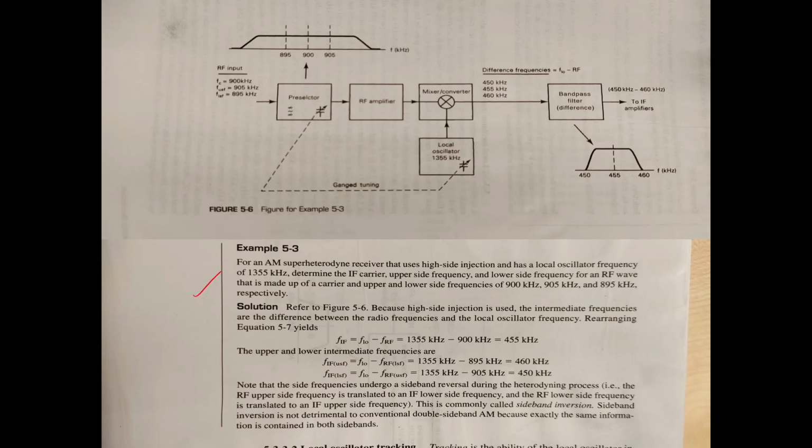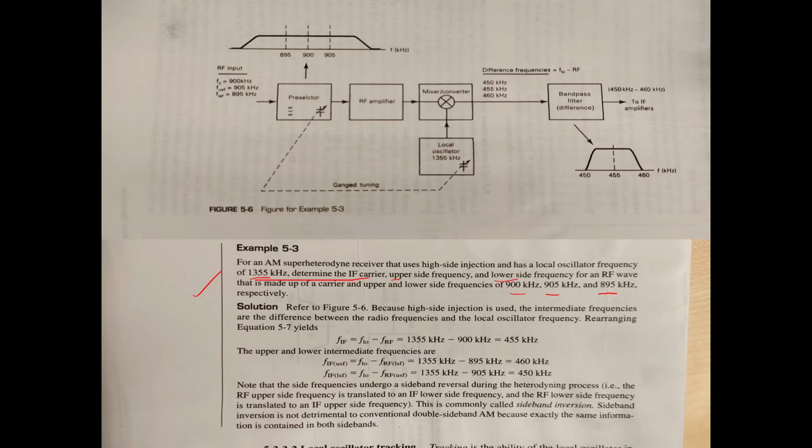For an AM superheterodyne receiver that uses high side injection, with local oscillator frequency 1355 kilohertz, determine the IF carrier, upper side frequency and IF lower side frequency for an RF wave that is made up of a carrier and upper and lower side frequencies of 900, 905 and 895 kilohertz.